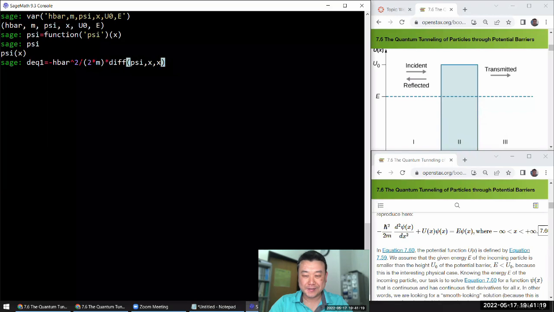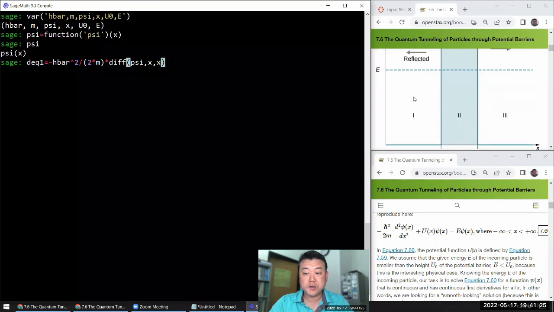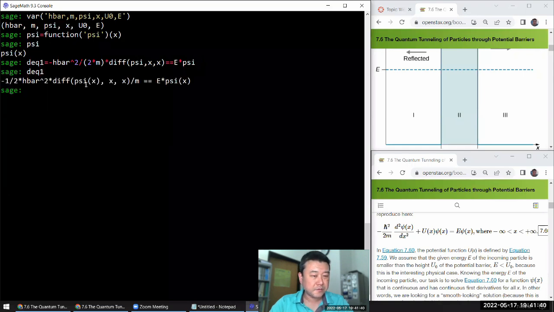Sorry, there's a better syntax, but I don't remember it at the moment. And this potential portion becomes 0 because in this region, the potential energy is 0. So that left-hand side is equal to the right-hand side: energy times psi of x. Just psi. Let me see if this looks right. Yeah, that looks about right. So that's a differential equation in region 1.